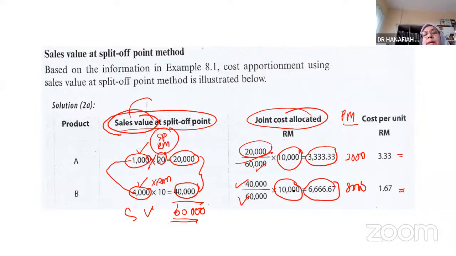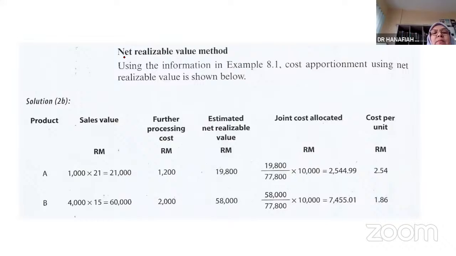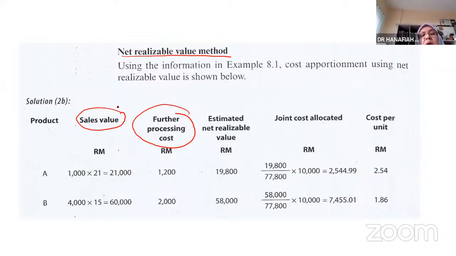We have another one, net realizable value, where when the question asks you about the net realizable value, it means that you have to consider the further processing costs. It is the same, you have to calculate the sales value.